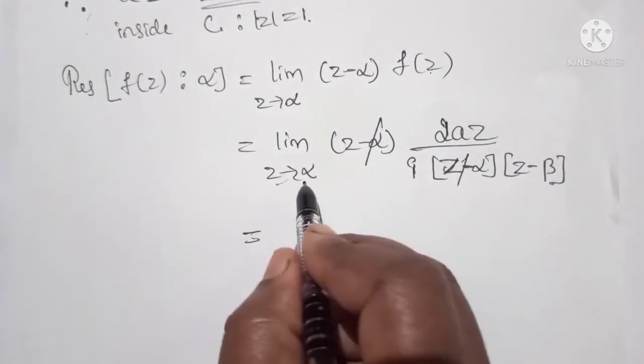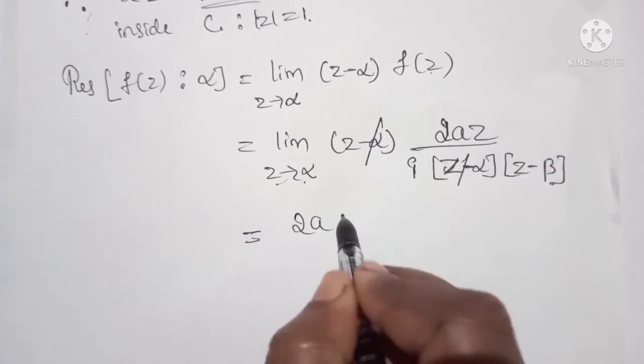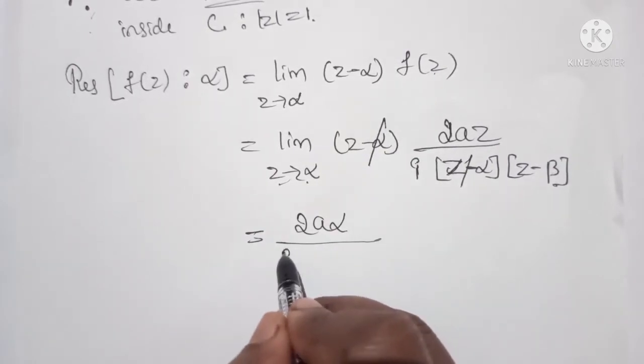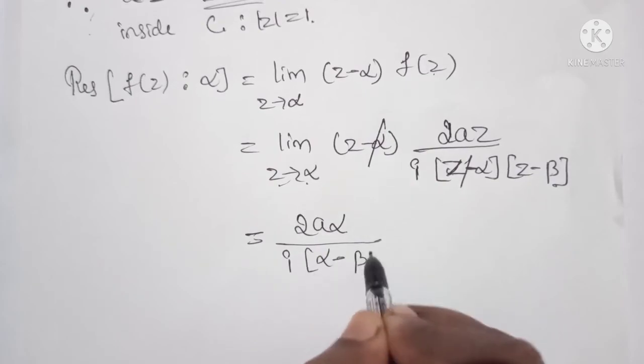Now substituting z = α, we get 2aα divided by i(α − β).